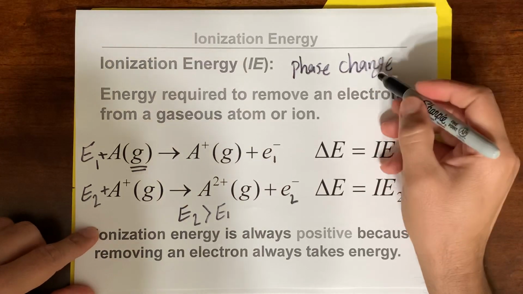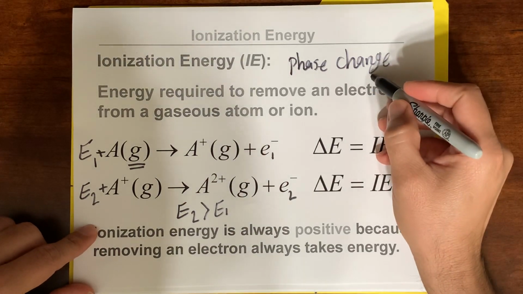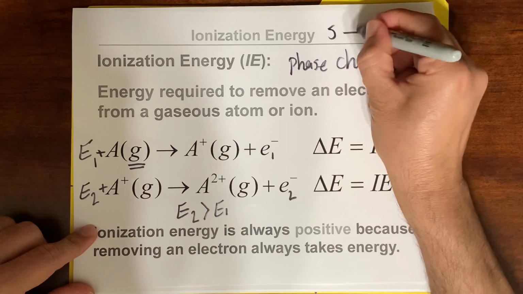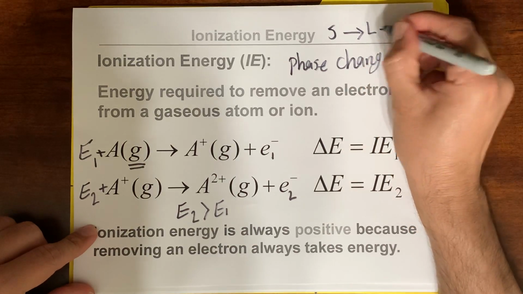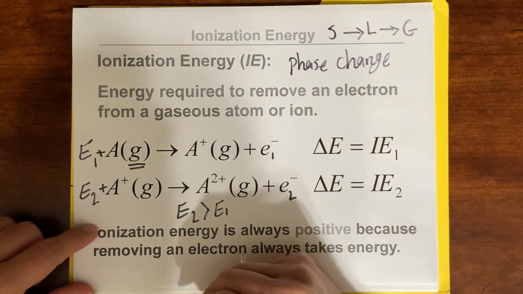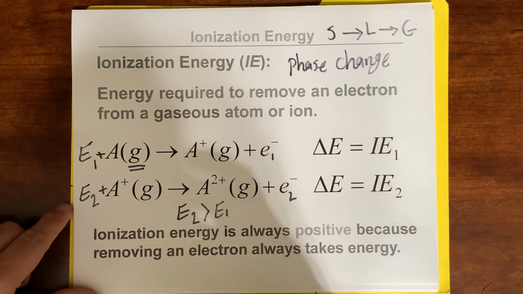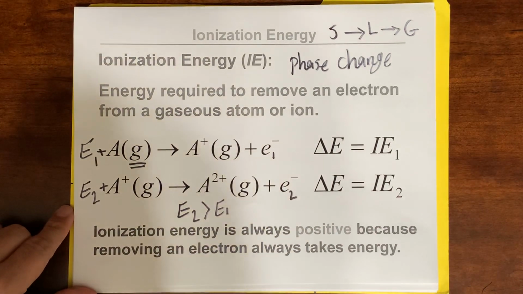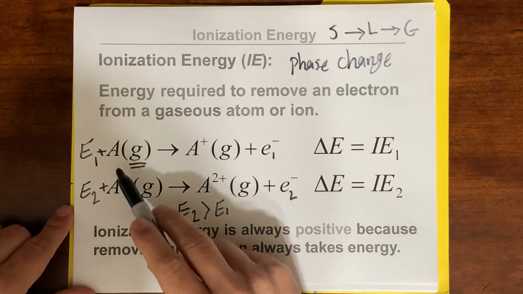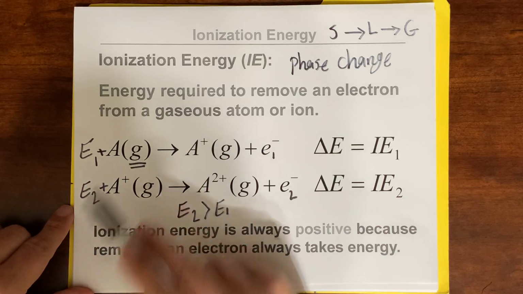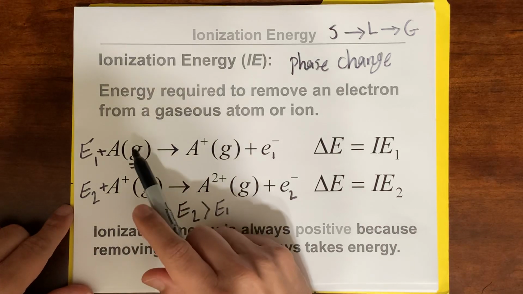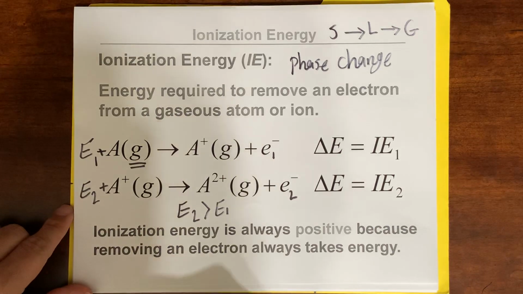I don't want to spend energy to, for example, turn the solid to liquid or liquid to gas. I want to be sure that the only factor I will be dealing with is taking an electron from a neutral compound. And that's the reason I said it needs to be in a gas phase.